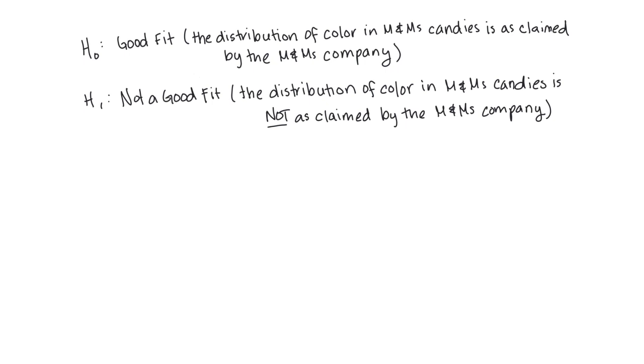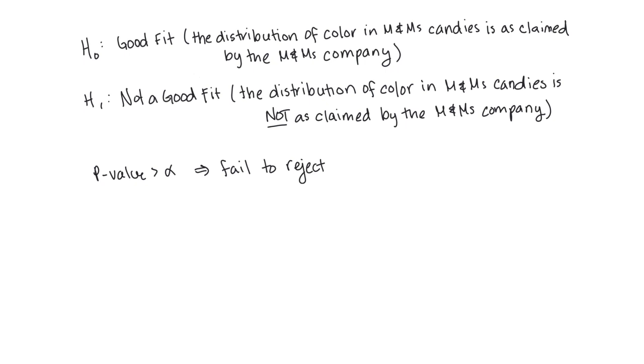So our conclusion on the previous page was that our p-value was greater than our significance level. So we failed to reject the null hypothesis. So if I'm failing to reject the null hypothesis, I am not rejecting a good fit. So my interpretation is that the observed values do fit the claimed values.